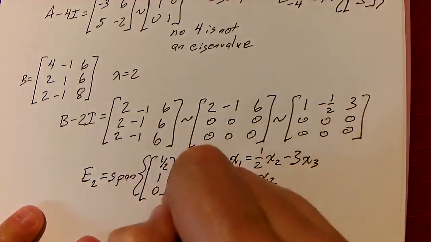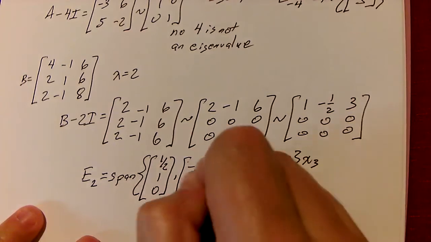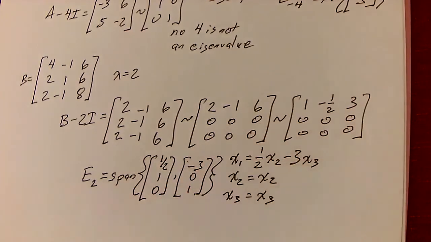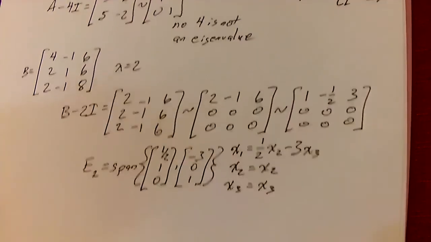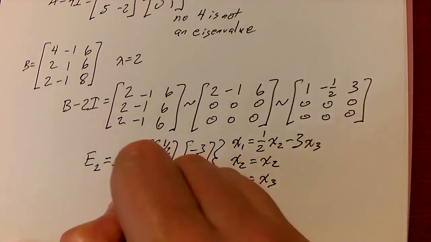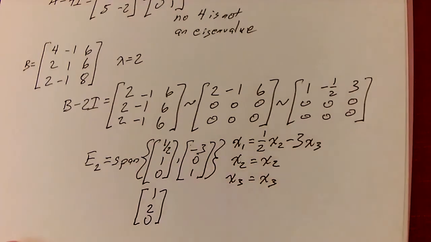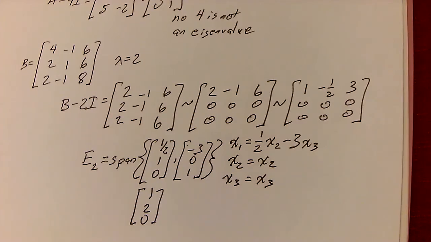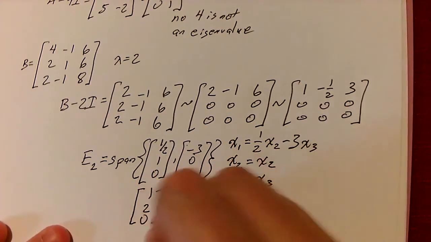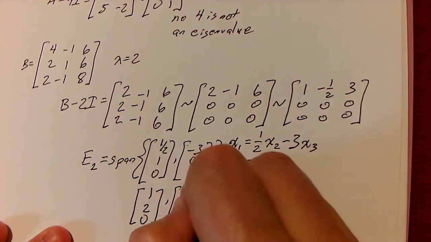And the second one would be negative 3, 0, and 1. Now, you will frequently see, as we've done already in this section, the fractions gotten rid of. So instead of 1/2, 1, 0, you might see them multiply everything by 2, and you would go to 1, 2, 0. Very possible as well.